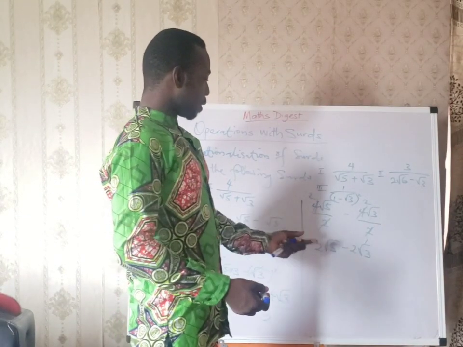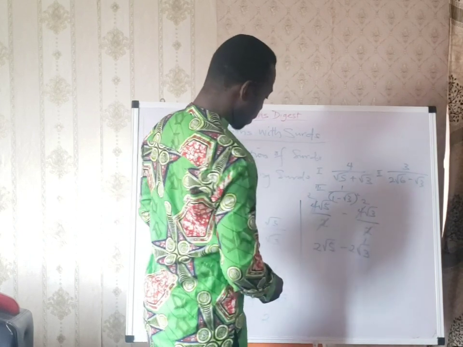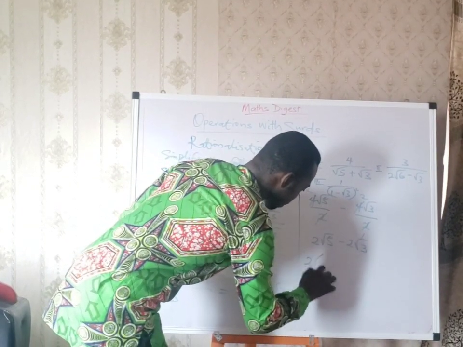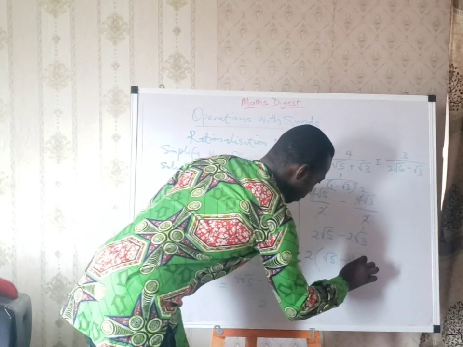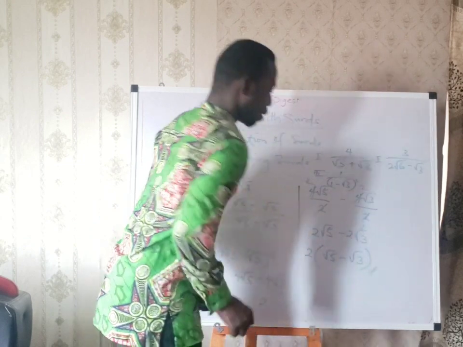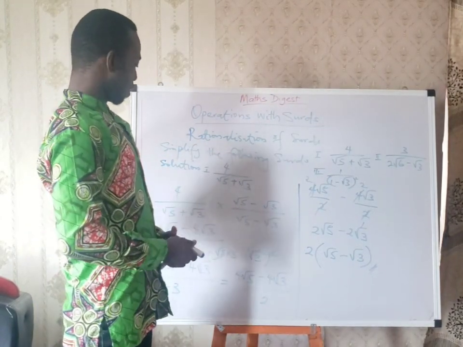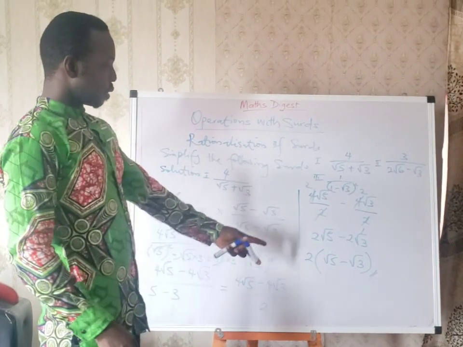Looking at this, you can say that this 2 is common here. You can simply bring it out of the bracket, and you have root 5 minus root 3. Ladies and gentlemen, that's the final answer to this sort.